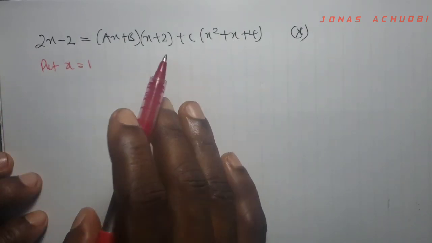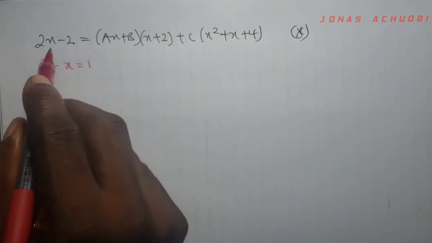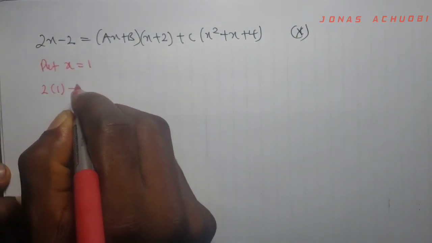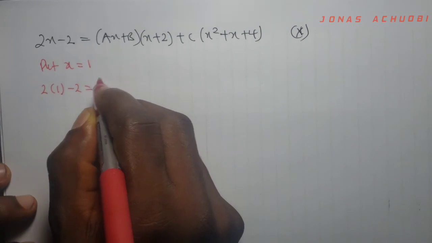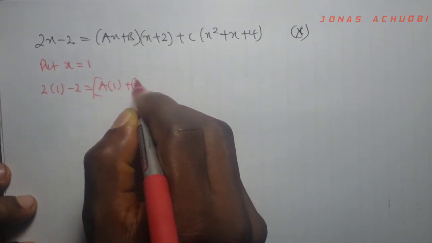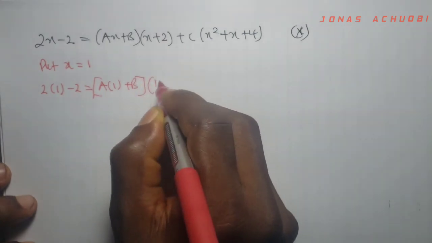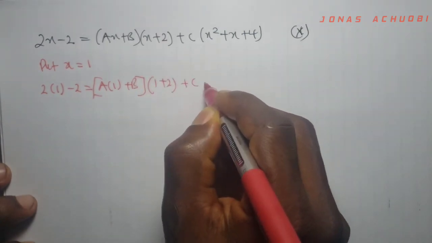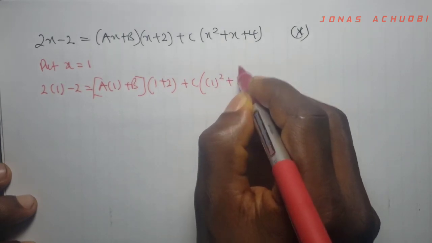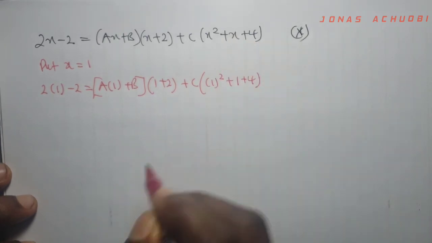Any other choice of x will still do the same job. So, left hand side, I have 2 into 1 minus 2 equal, I have here a into 1 plus b, x is 1, 1 plus 2 plus c, x is 1, so 1 squared plus 1 plus 4.